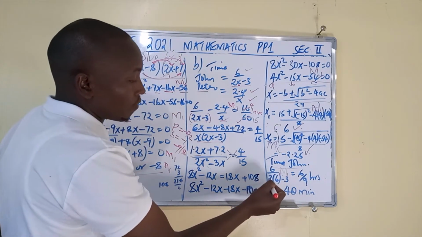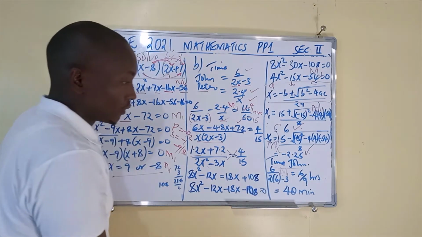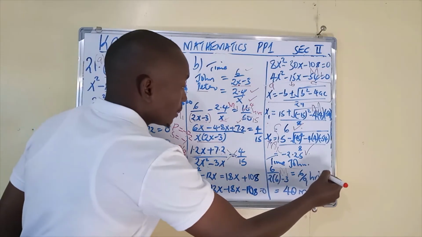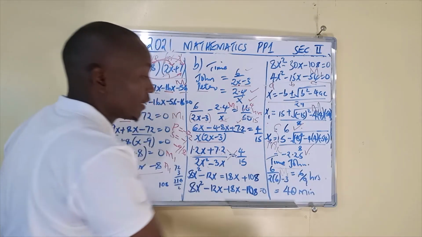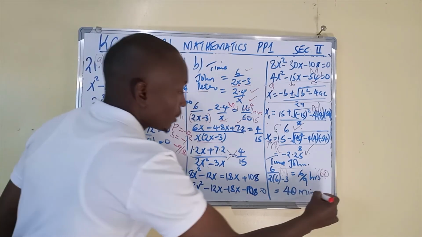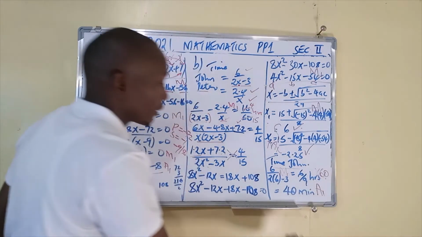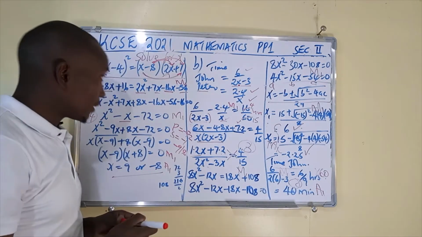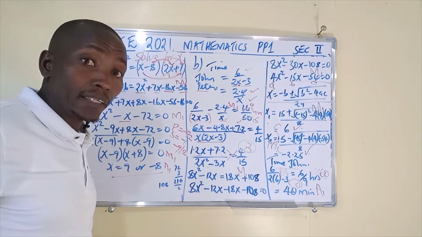I can see 6 over 2x minus 3. Then with that, you'll have 6 over 9 hours, which you can multiply by 60. If you multiply by 60, you get 40 minutes for 1 mark. So that is 2 marks. Otherwise, that is question number 21.